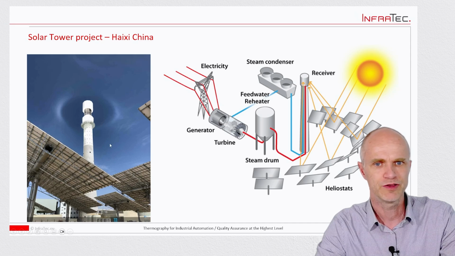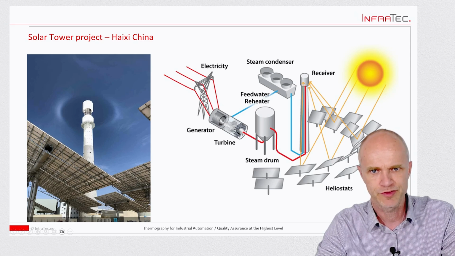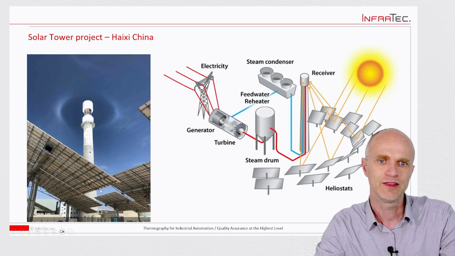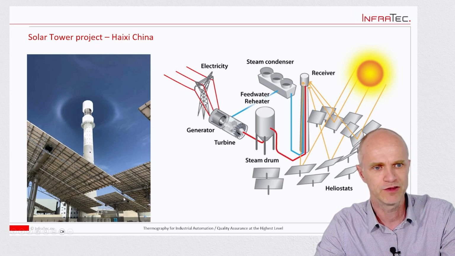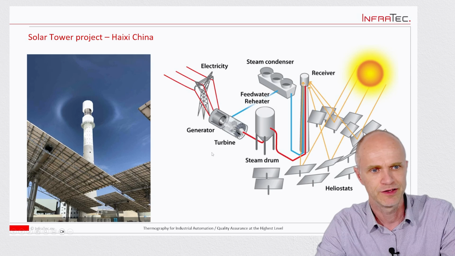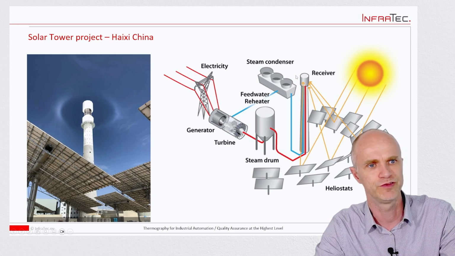The principle is you have a big tower in the area of 200 meters high, and here you have absorbers, which can heat up to about 800 degrees. This is done by surrounding reflector mirrors, which collect the sun and reflect this power to this receiver.